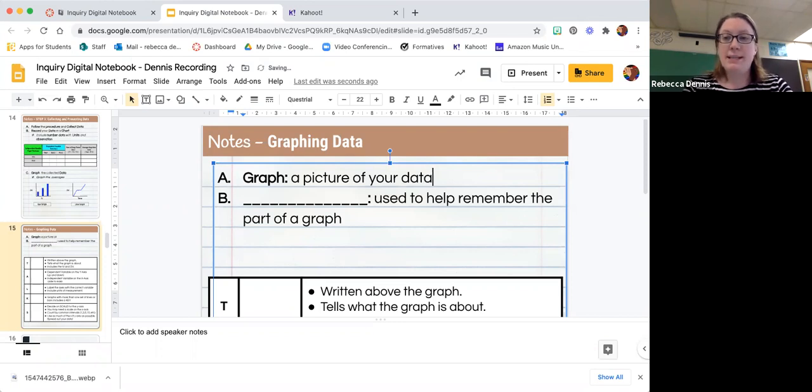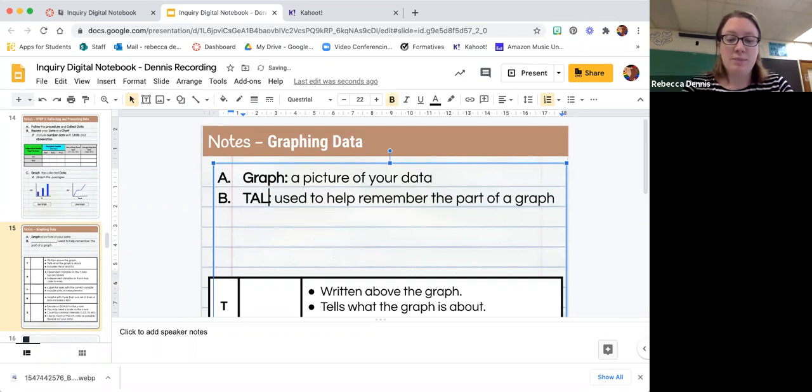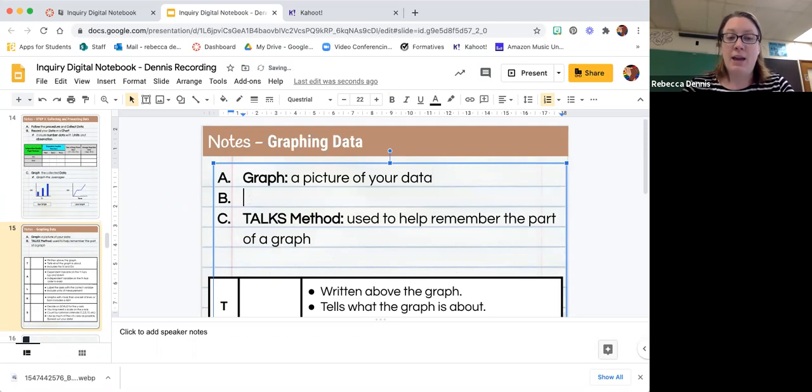Okay, we're just going to take that information that we've gotten in number form and we're going to put it into a picture form, often in the form of a bar graph. And to do that, we are going to use something called the TALKS method, which is just a method that is used to help remember the parts of a graph so that you don't forget any piece of it.